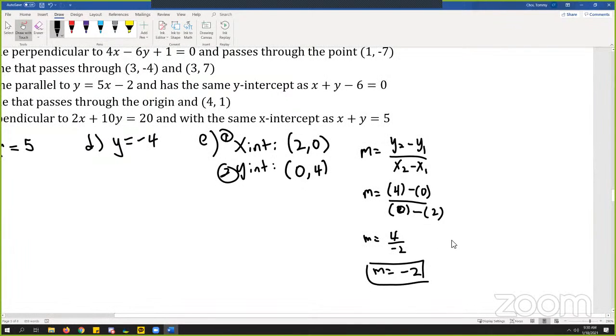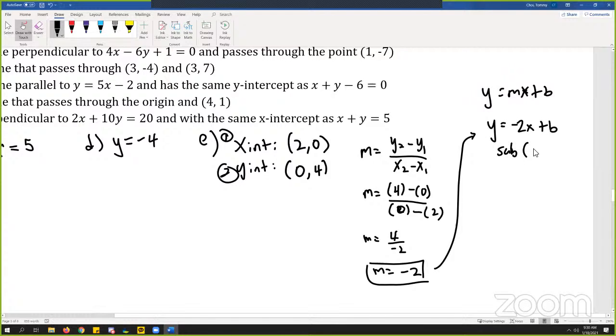For our y-intercept, before we solve for our y-intercept, we plug it into our formula. So we start with y equals mx plus b, right? That's our basic formula. We solve for the slope, we replace it with minus 2. Then we can sub in a point. So we can sub in, I don't know, 2, 0. Doesn't matter which point you pick.